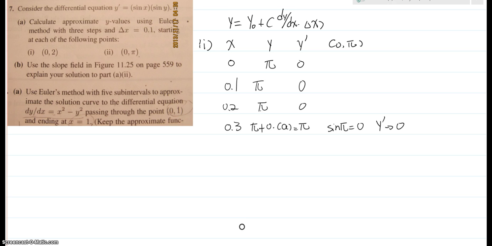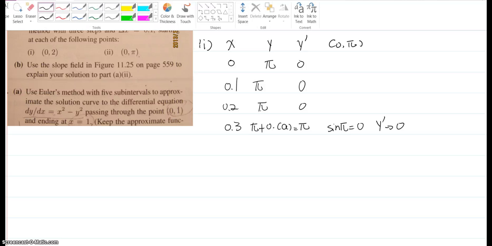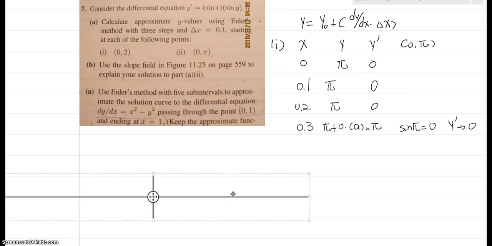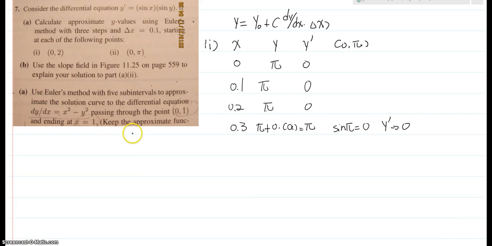First, let's draw a single easy graph. You have y over here, and x over here. If you have no idea what y prime equals sine of x times sine of y looks like, it's fine, because I don't have any idea either.